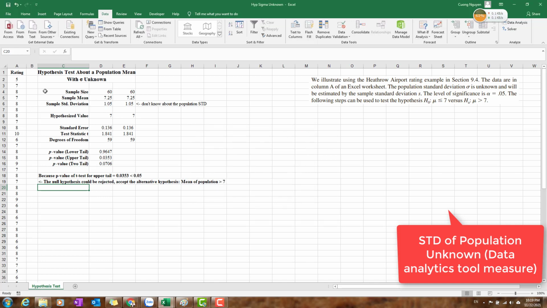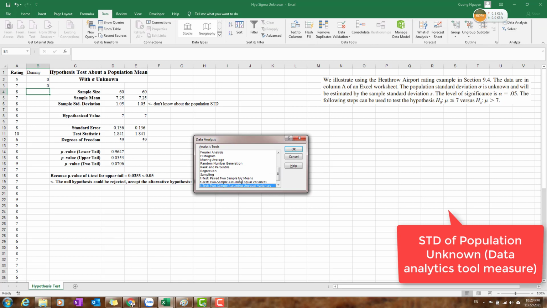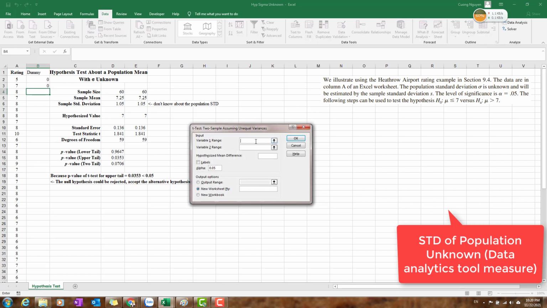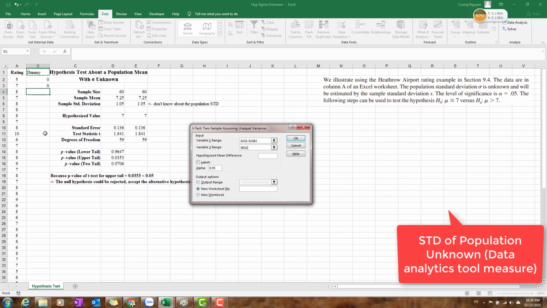I use the same trick I already used with the previous example: I create a dummy variable of 0s. As in that analysis, I do the same, but now I have variable 1 and variable 2.